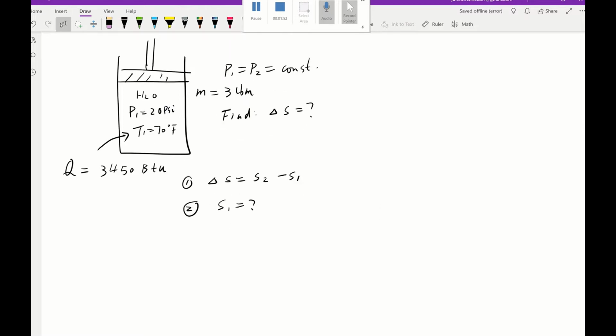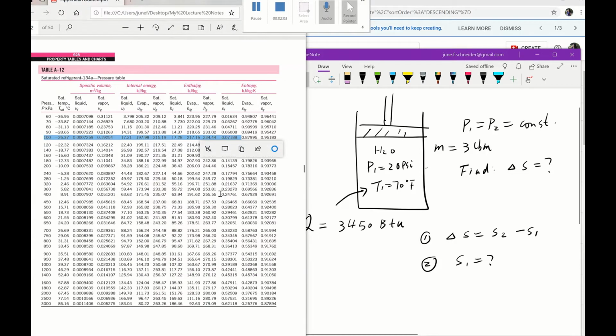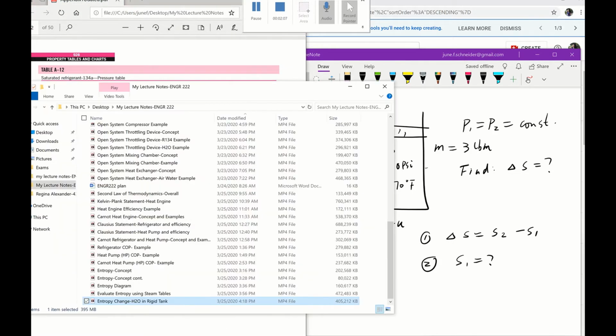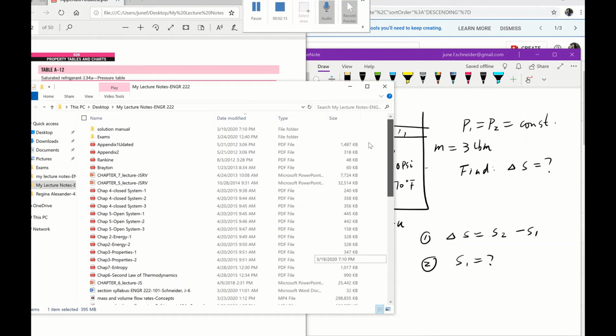So for S1, we know the pressure. For state 1, we know the pressure is 20 psi and T is 70. So we need to go to our pressure table. And I believe this time we need to look at a totally different table since this is a US system.